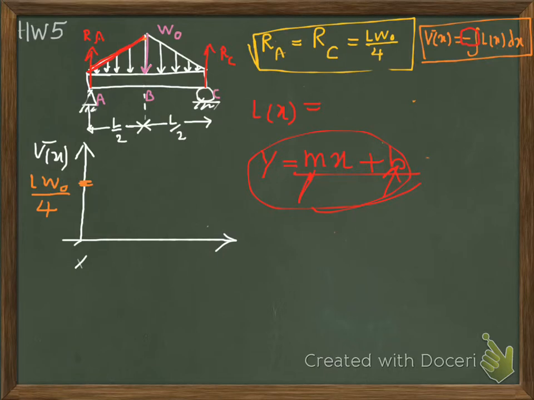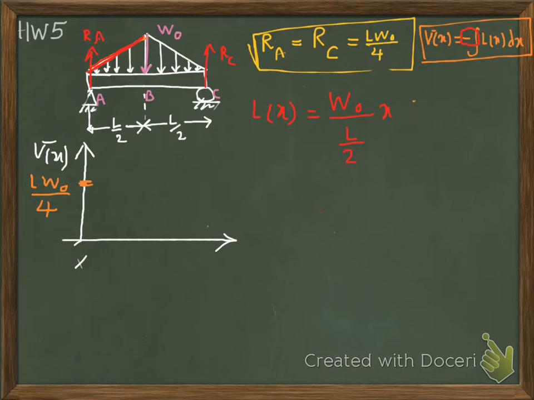The slope of that line is going to be basically delta y over delta x, positive. It's going upward, so essentially the slope is positive. So it would be W naught over L over 2, times x, plus the intercept, which is 0. I don't even need to show that.